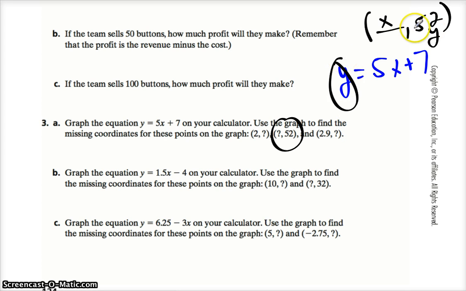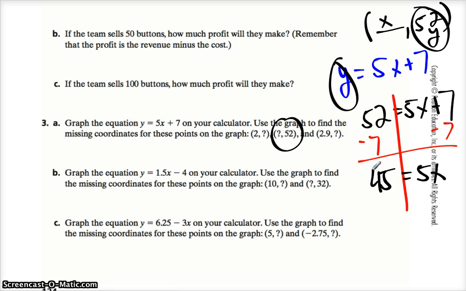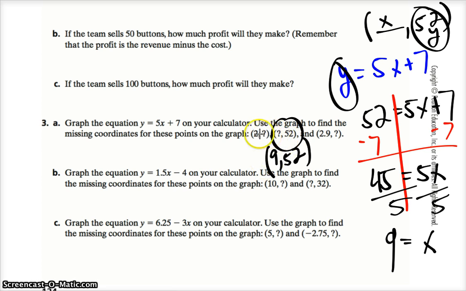So I can replace this with this. 52 equals 5x plus 7, minus 7 minus 7, and I get 45 equals 5x, divided by 5 divided by 5, x equals 9. So 9 comma 52. Good? So whichever one is missing, I'll plug in the right one in the right place and solve.